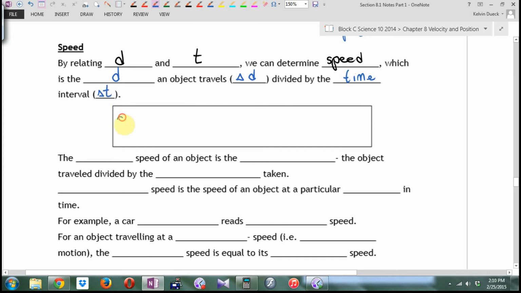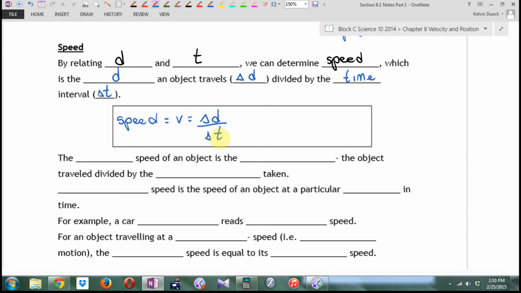You want to find the speed of something, which as a symbol is a lowercase v with no vector because it's a scalar. It's equal to change in distance over change in time. And what's change in anything? Final minus initial. If you know your initial location, you know your final location, subtract, that's your distance.